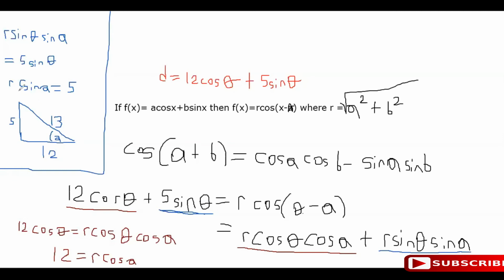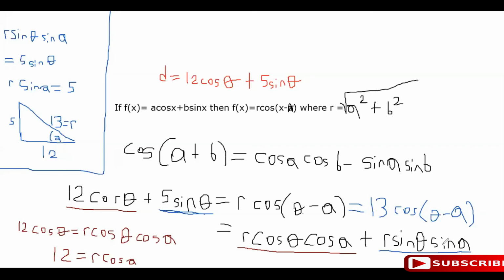And so r is 13, because r is your hypotenuse. All of this can be rewritten as 13 times cosine of theta minus A.